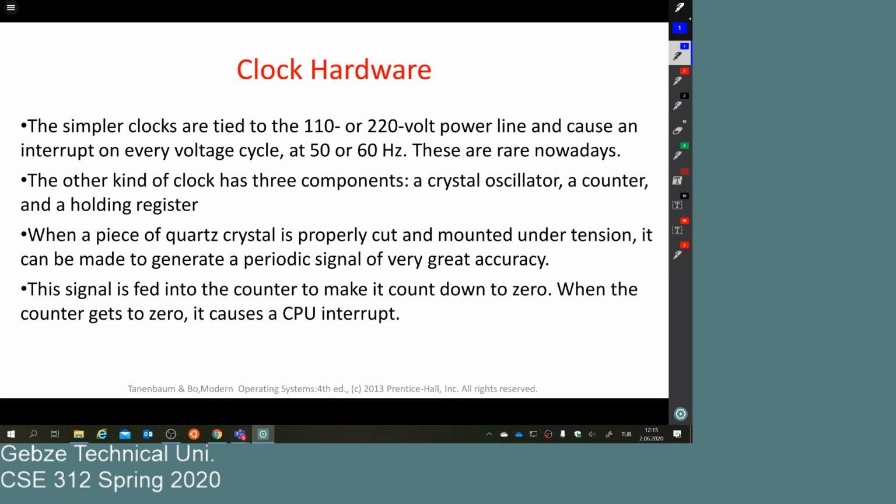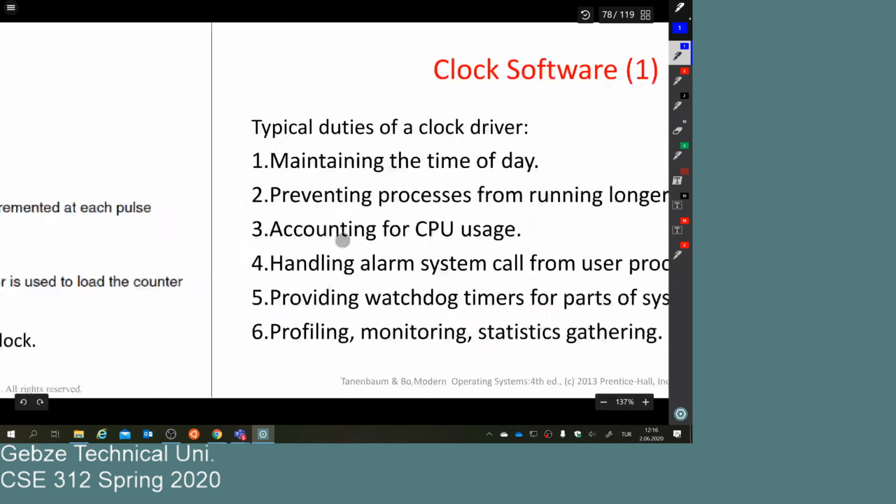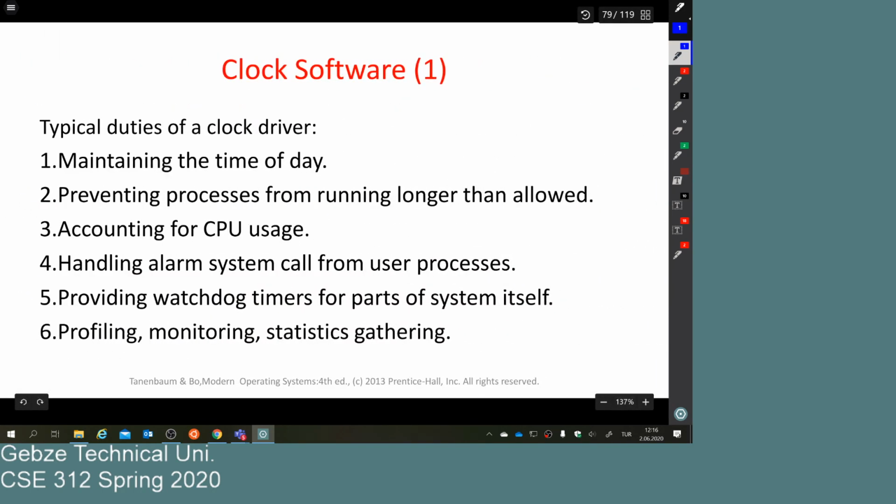It is connected to the system, of course, and it has its own driver, and I can make system calls that use the clock hardware. The most important task for the clock is maintaining the time of day. I need this information because I need to show the time to the user. I need to use this information in my file processing and so on.